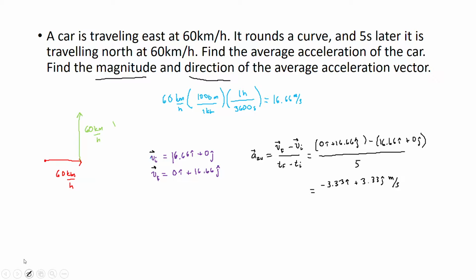And this, how do we get it? You remember the average acceleration? This is still a vector, so we can just get its components and find the magnitude, just like in any other vector. So that would be like 3.33 squared plus 3.33 squared.